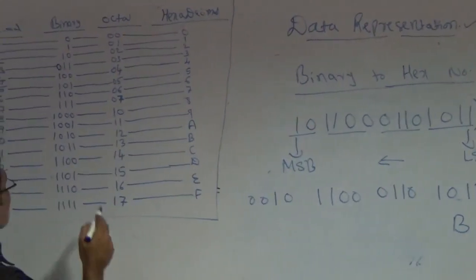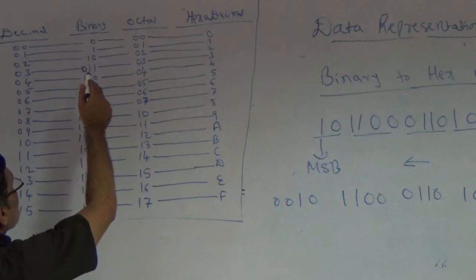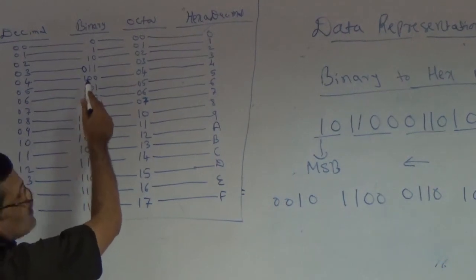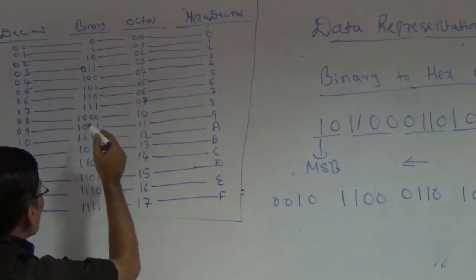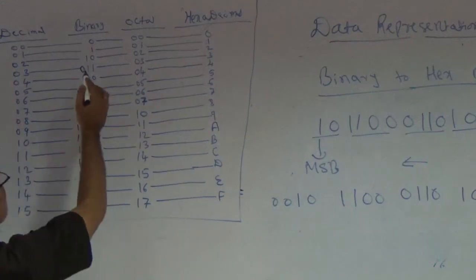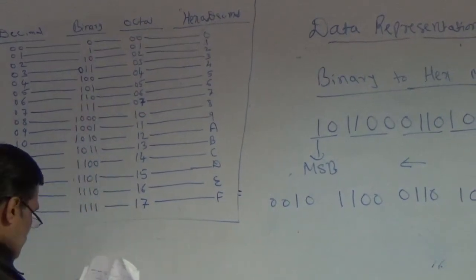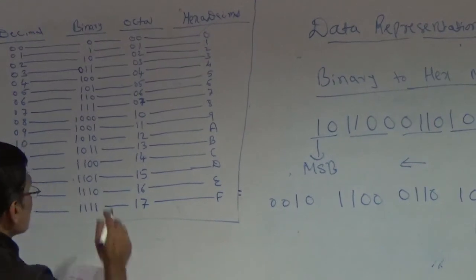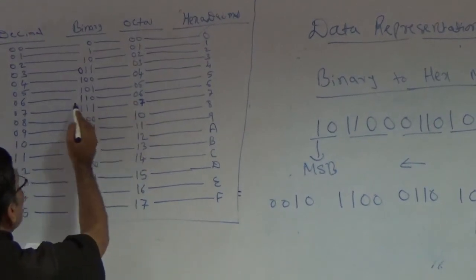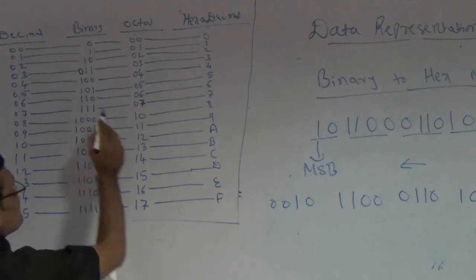0110, where it is 0110, is here 6, that is 6.